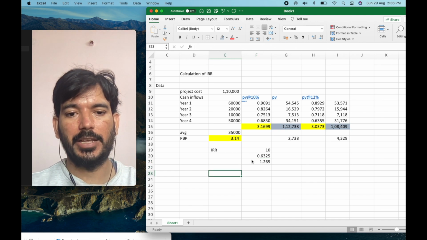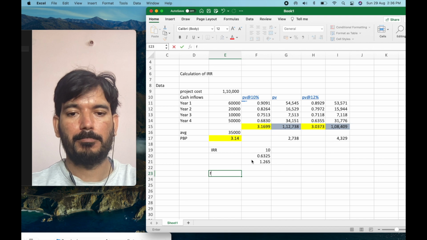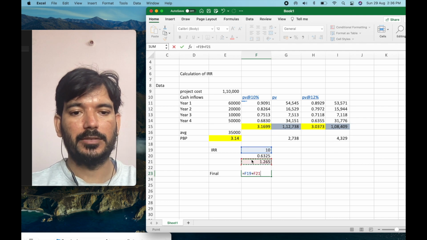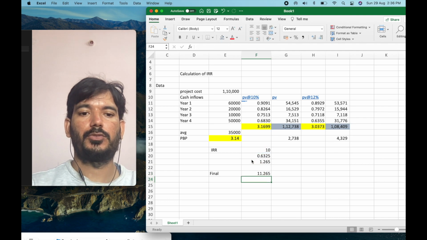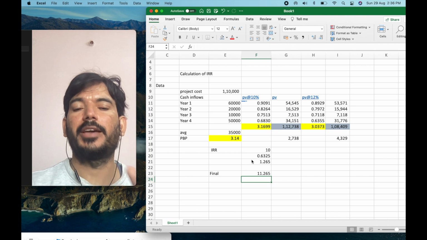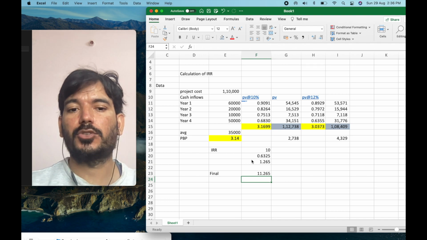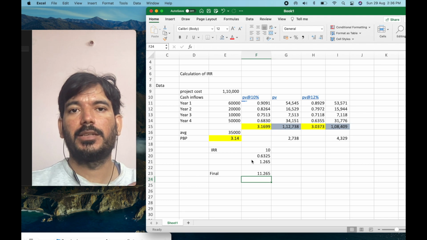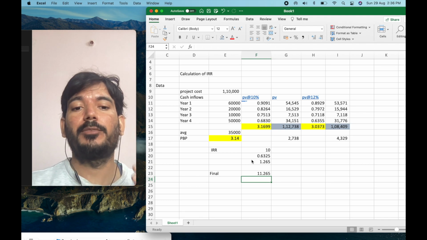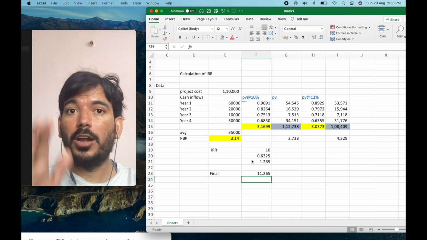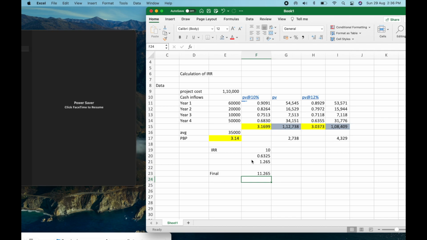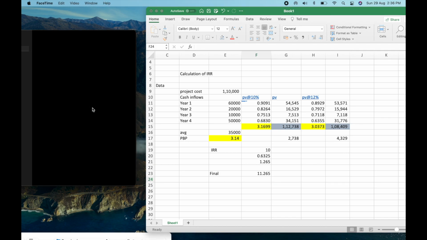So ultimately our IRR will be 10% plus 1.265. So the IRR is 11.265. What I mean by that is, if I discount my inflows at 11.265 rate, all my inflows will be equal to the 1,10,000 which I spent initially.